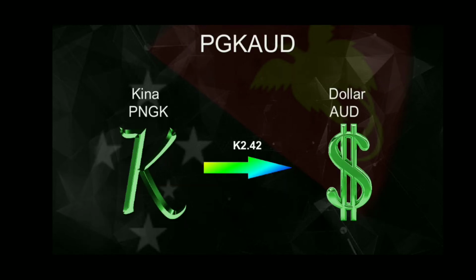So essentially, in the case of PNG AUD, the PNG Kina is the base and the Aussie dollar is the quote. Notice how the base and quote is in relation to the order of the abbreviation.